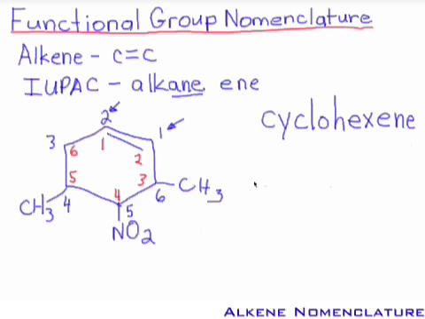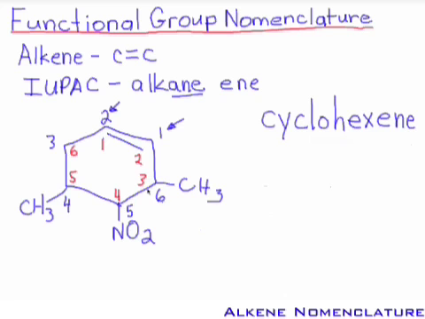Okay, now both methods give the cyclohexene number 1. So since the alkene is 1 no matter which way, it doesn't matter from the alkene's perspective what you use. So it will be the lowest numbering of the substituents that will determine which numbering scheme you use.